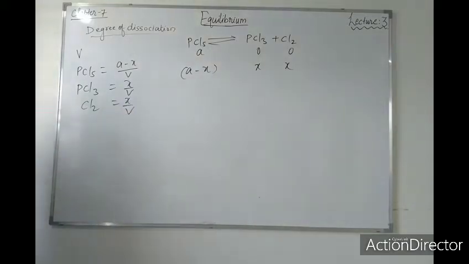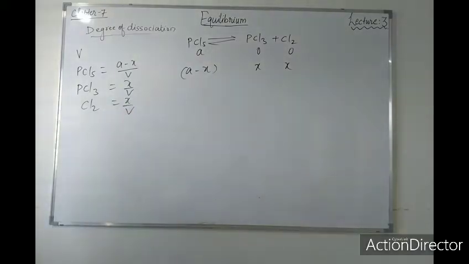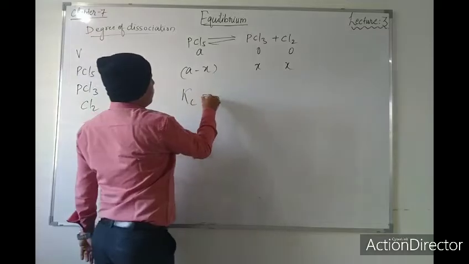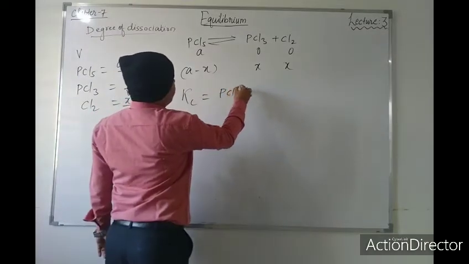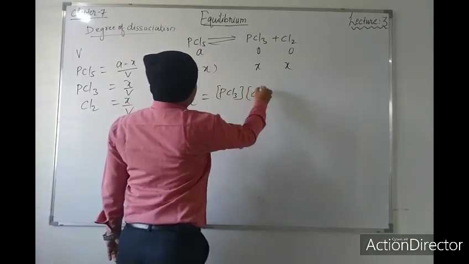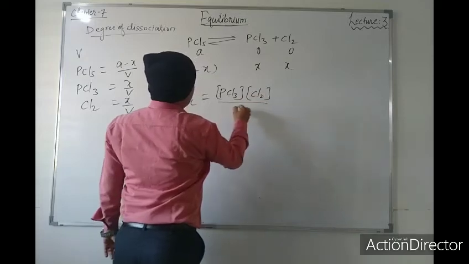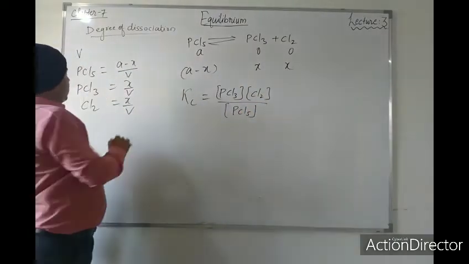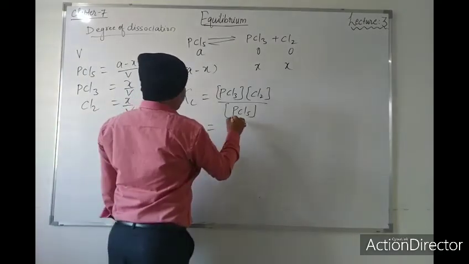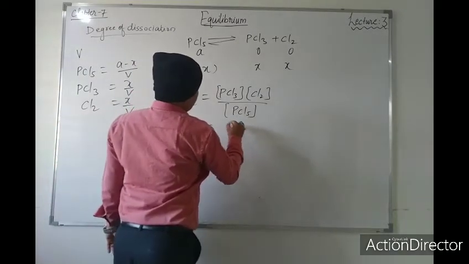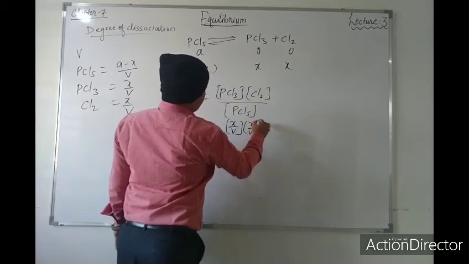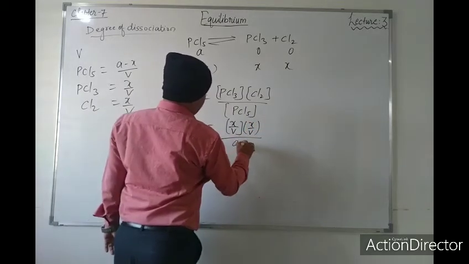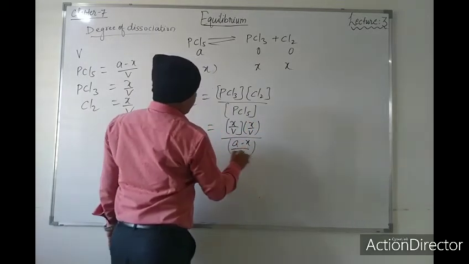So as you have seen here the concentrations, now apply the concentration constant. So the concentration constant Kc is equal to the concentration of the products PCl3 and Cl2 upon the concentration of PCl5. Now what are the values? PCl3 is x by V into x by V upon a minus x by V. Right?